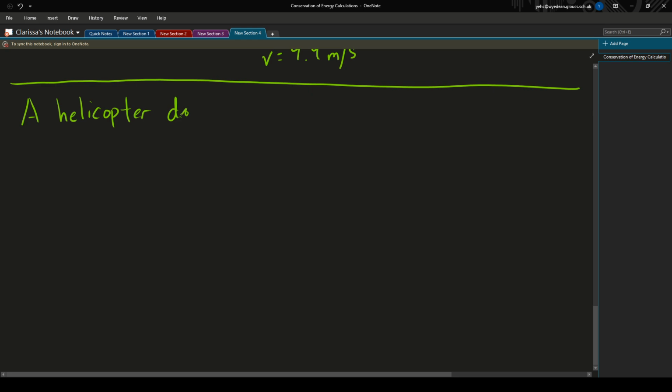If it helps, by the way, you can always draw a picture of the scenario. Drops a 20 kilogram package from rest, so basically the package wasn't moving.